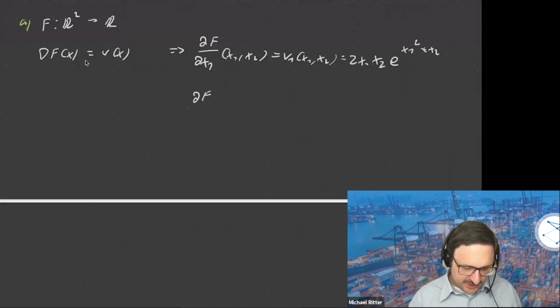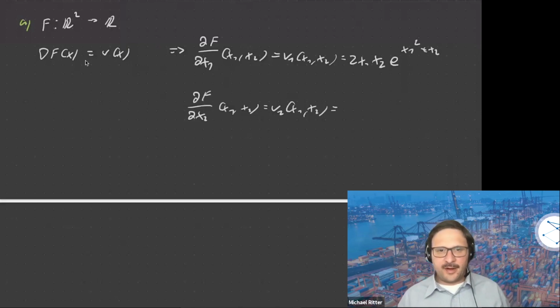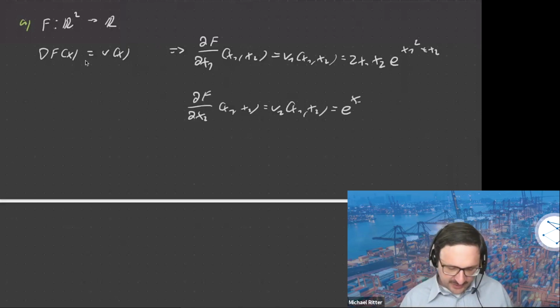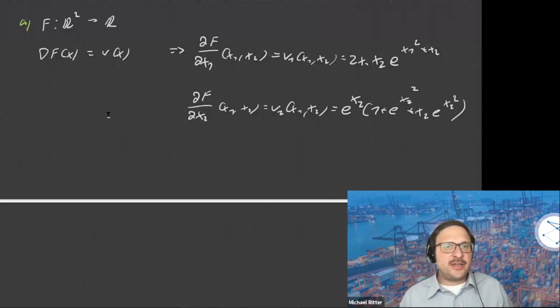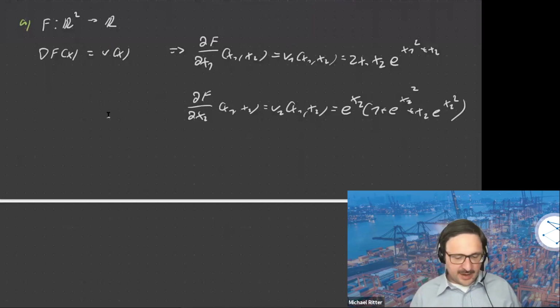And dF dx2 would then be v2 of x1, x2. Right, and v2 is e to the x2 times 1 plus e to the x2 squared plus x2 e to the x2 squared. And of course, we can just use these two relations to try and compute capital F, or one possible capital F.